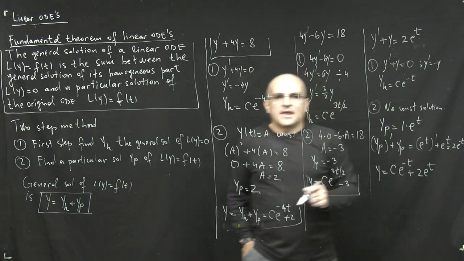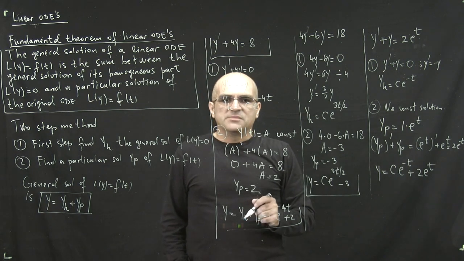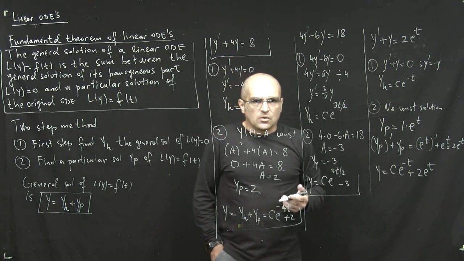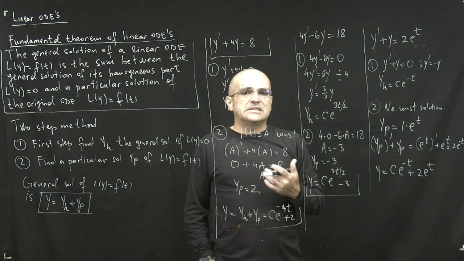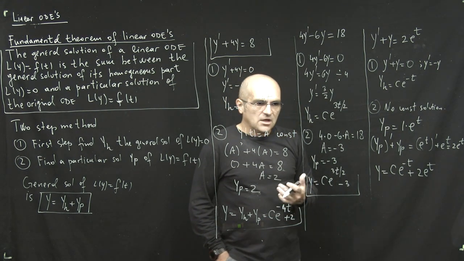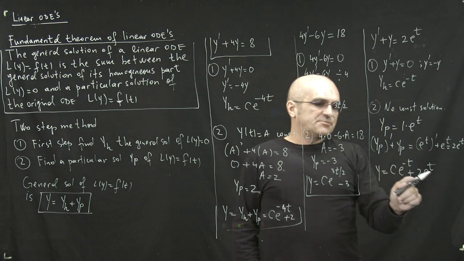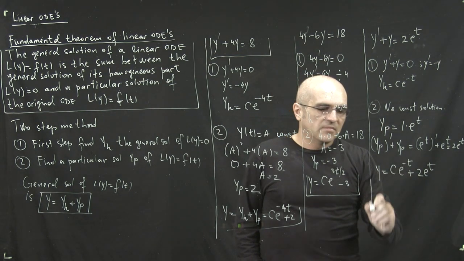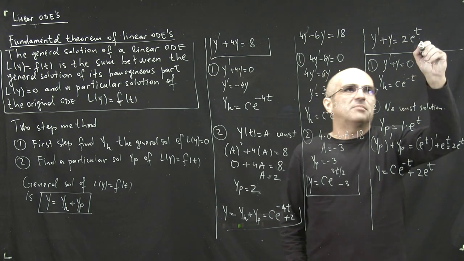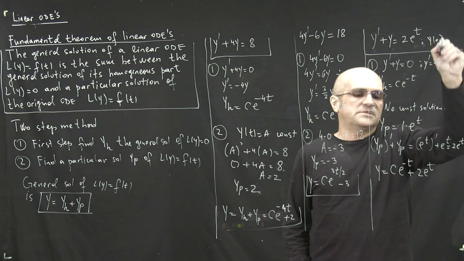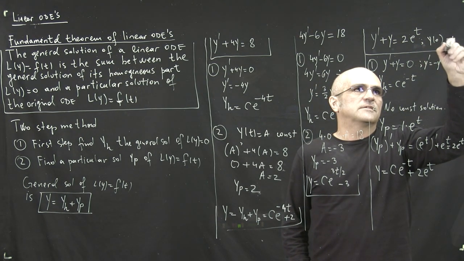Remember also that we may have, in many problems, initial conditions. As with all differential equations, the initial condition is dealt with at the end of the problem. So let's say in this particular case, the problem stated here was accompanied by an initial condition. Let's say y of 0 equals 5.